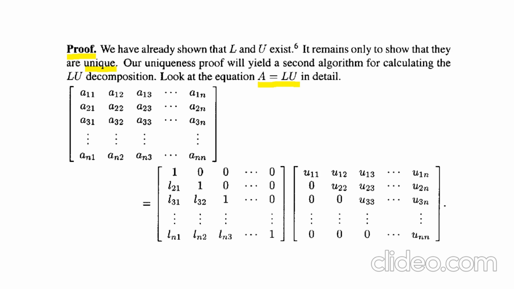A is an n cross n matrix which is shown here, and it is written in the decomposition form of L and U, where L is a lower triangular matrix with leading entries 1. Therefore we can say that it is a unit lower triangular matrix, while U is any upper triangular matrix.